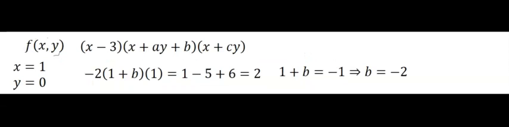And so the form of the factorization will be as given, and if I choose x equals 1 and y equals 0, that will come to minus 2 times (1 plus b) times 1. And then on the right-hand side, 1 minus 5 plus 6 equals 2, that is what f(x,y) evaluates to when x equals 1 and y equals 0, and so b equals minus 2.